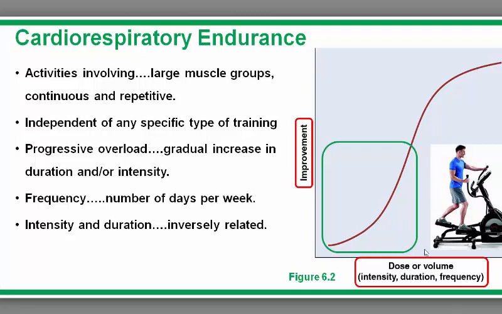But as we continue to increase the dosage of the exercise training, we see continual improvement, but then we start to see diminishing returns. By increasing the volume, the improvements will start to plateau.